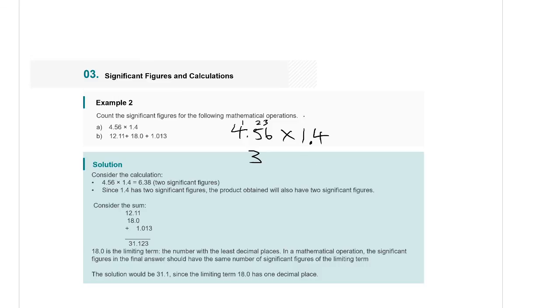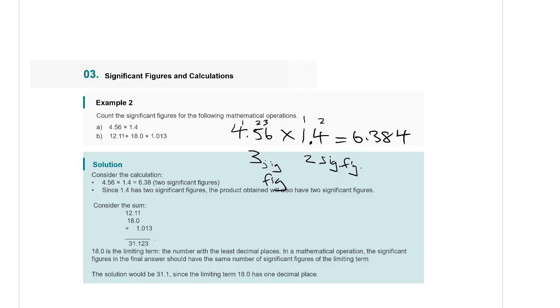On the right, 1.4, we have 2 significant figures. So we can just multiply them as usual. 4.56 times 1.4, you can use a calculator, and you should find 6.384.